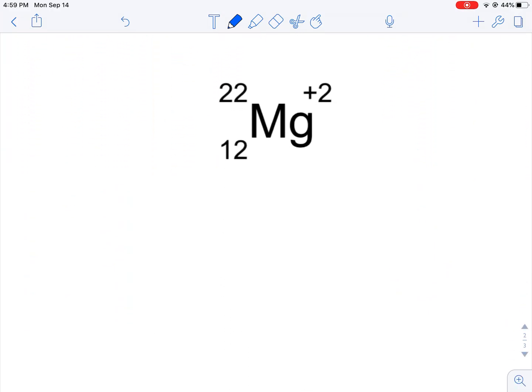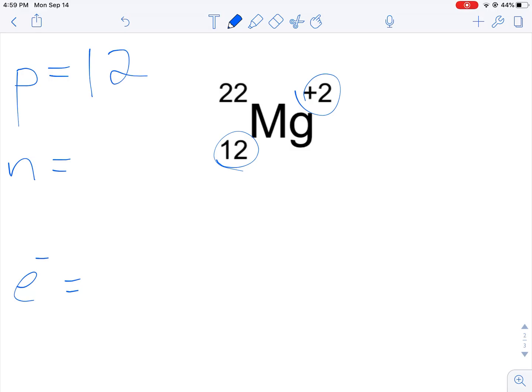Again, from this symbol alone, you are expected to be able to tell the number of protons, neutrons, and electrons in the particle. Where do we start? Yep, atomic number. Because the atomic number always tells us the number of protons. The next place I like to go is to the charge.